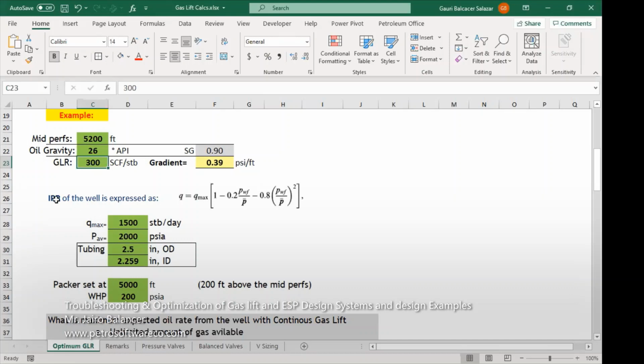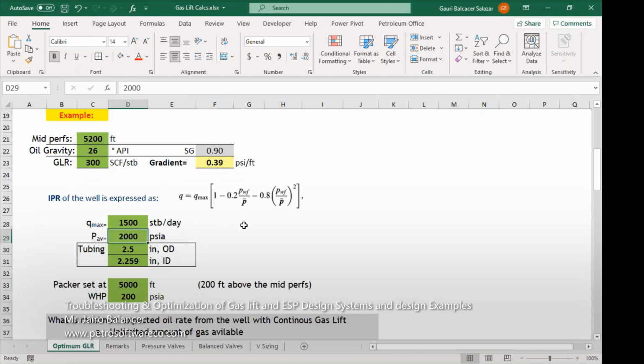So from the IPR of the well, this expression for Q is basically the equation to get the ratio between the downhole flowing pressure and the reservoir pressure, and once we get the Q maximum rate, with this information right here, the Q maximum is 1,500.